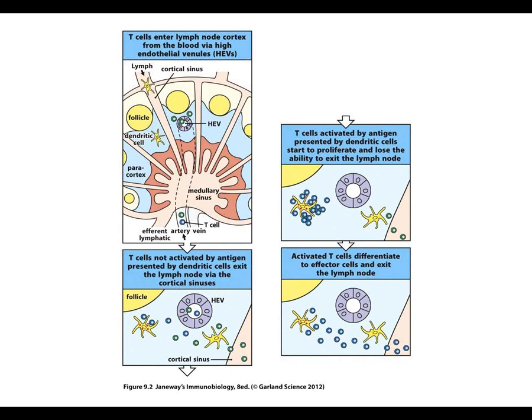So how is this going to happen? Well, the T cell is going to be traveling through the blood vessels, and when it comes to a lymph node, which is going to be the example we use most of the time here, it escapes out something called the high endothelial venules, or HEVs.